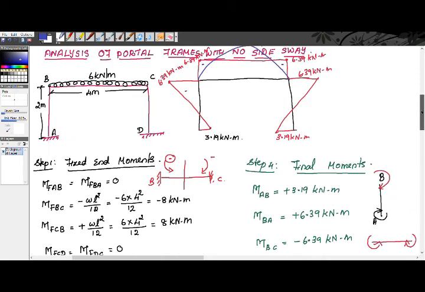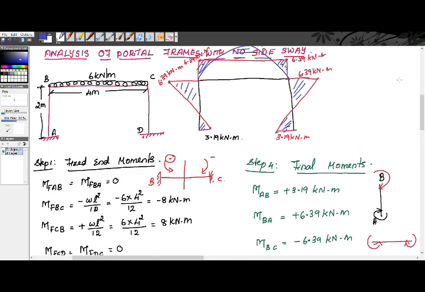Instead of negative and positive, I will say it as sagging and hogging. Sorry, here it is hogging, hogging, hogging and hogging. And here it is sagging.